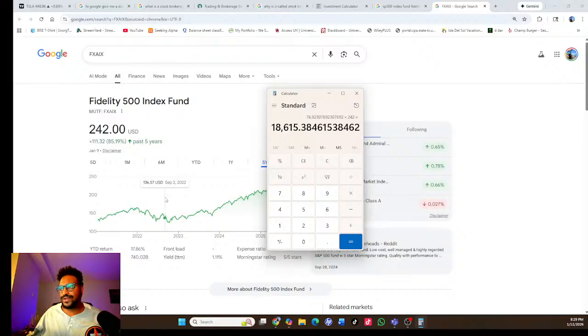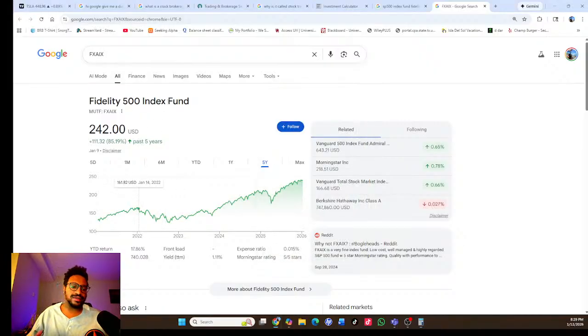So that's the benefit of owning something like an S&P 500 index fund, which is the 500 biggest companies in America. You own a little piece of each of those 500 companies. So one company is going to do really well, one company is going to suck, but on average, most grow.